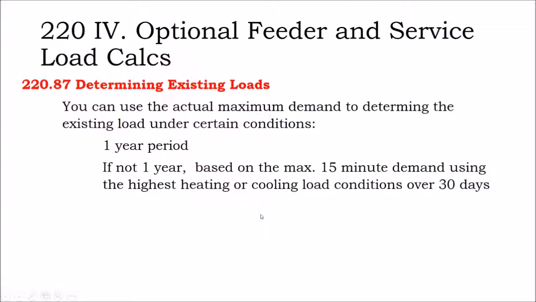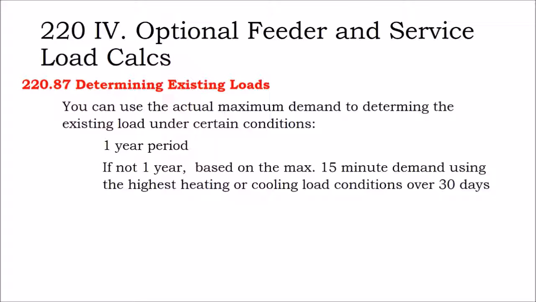So how do you determine your existing loads? You're actually allowed on existing construction to base your load calculations off of real monitored usage. You generally will use a 1 year period of load. And if you don't have 1 year, you base the maximum 15-minute demand using the highest air conditioning or heating load over the past 30 days.